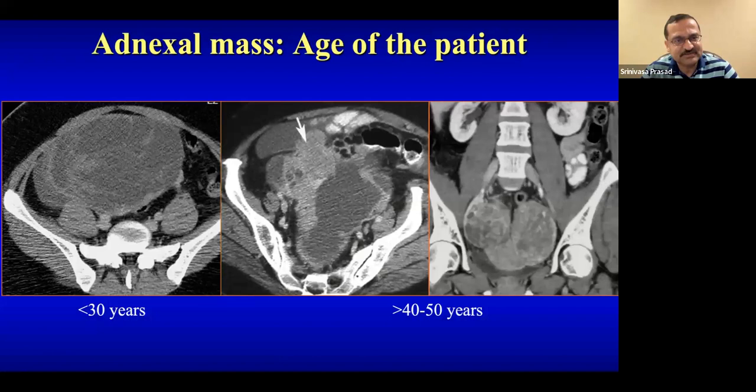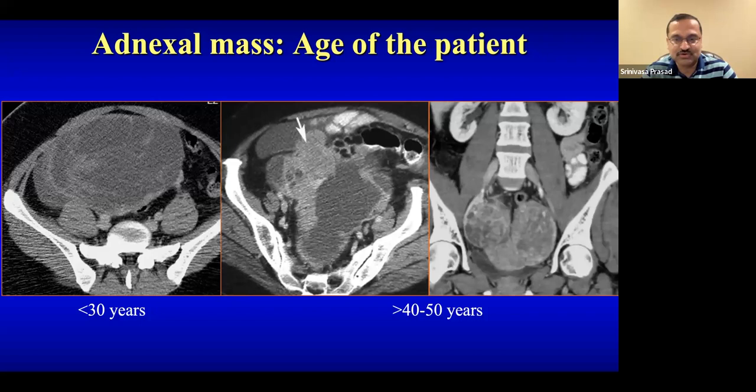The age of the patient is important in pediatric and young adult women, less than 30 years. Most often, we tend to see the rarer tumors that we don't necessarily see in older women. So the non-epithelial tumors, ovarian tumors, tend to be predominant in patients less than 30 years.